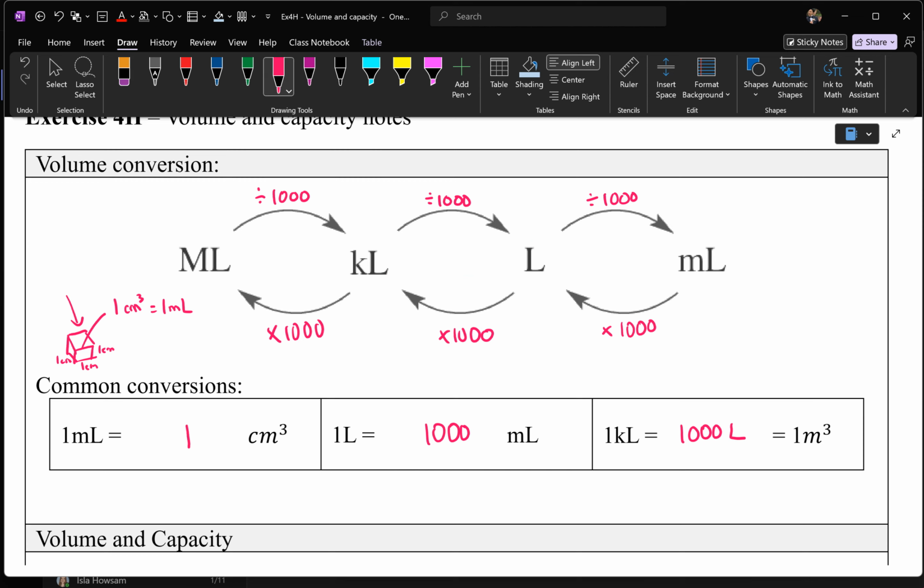And what that basically means is, if you can imagine 1 meter on the ground, one length, and then 1 meter again. So 1 meter one way, 1 meter the other way, and then 1 meter high. So think of a cardboard box that is 1 meter by 1 meter by 1 meter. If you filled it up with water, it would hold 1,000 liters. Okay, that's how you can picture it.